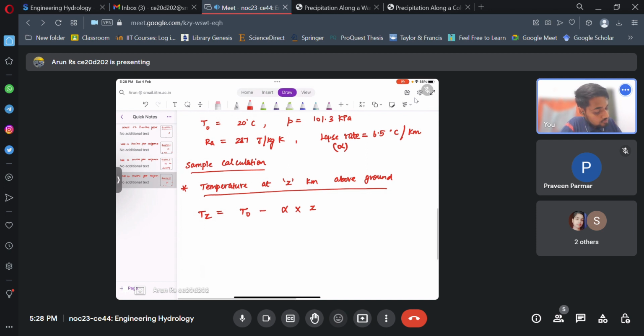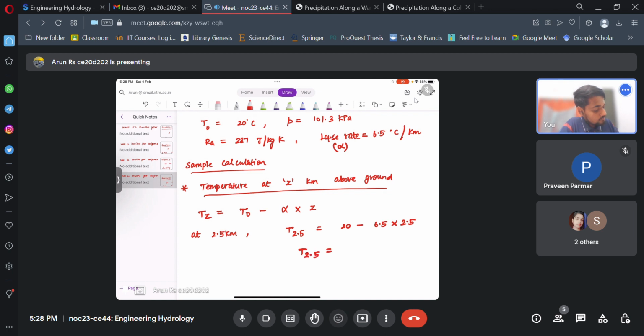If I compute for 2.5 kilometer height, temperature at 2.5 is equal to your ground temperature minus 6.5 into 2.5.